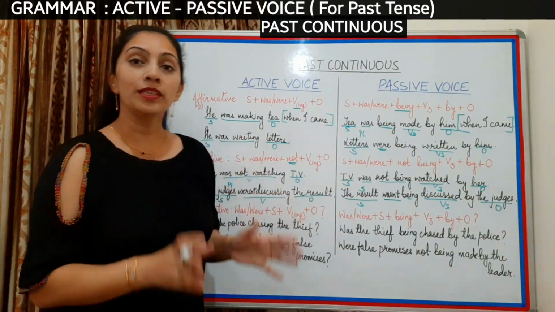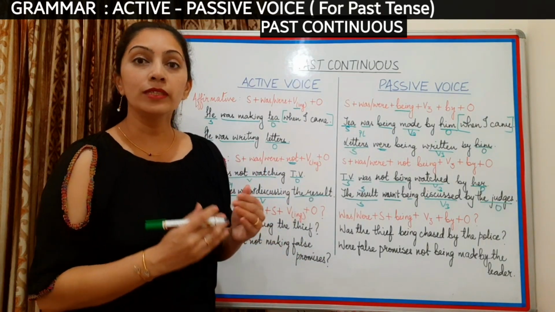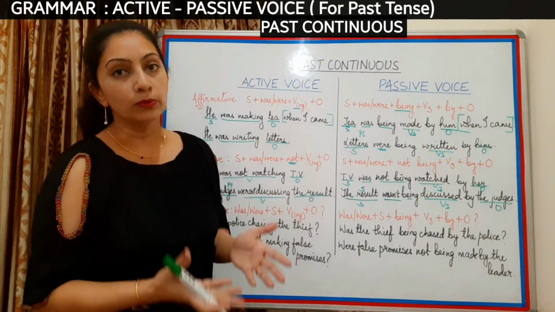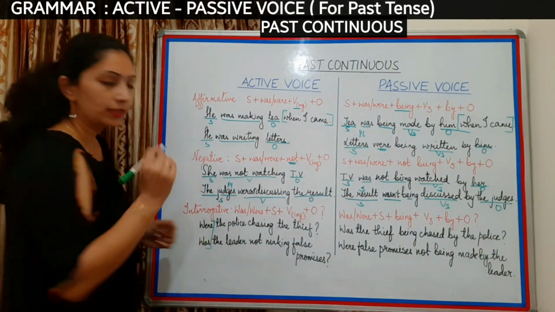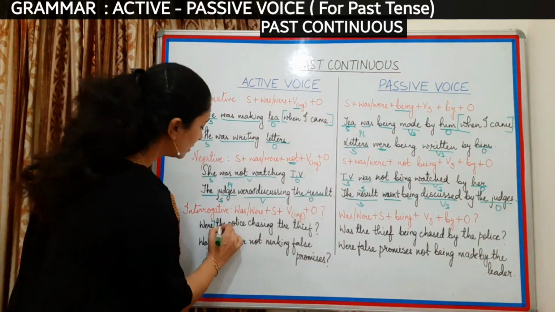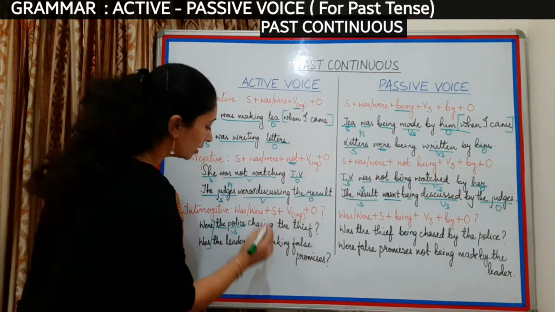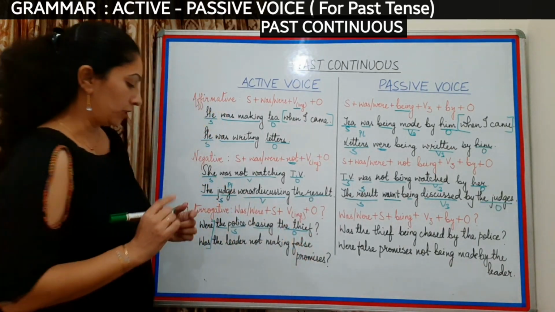Now let's see what to do with interrogatives. In past continuous, the interrogatives always start with the question word was or were. So these question words will come at the beginning of the sentence. So let's ignore these for a moment and move on to the rest of the sentence. We have the police as the subject, chasing is the verb, and the thief is the object.